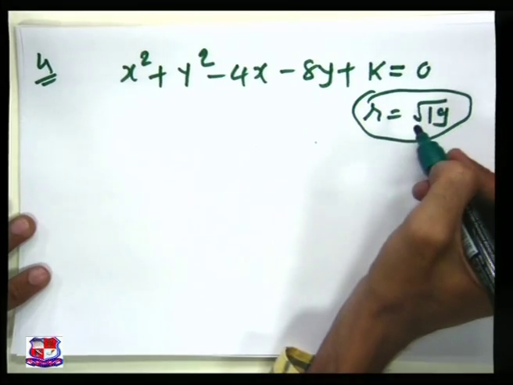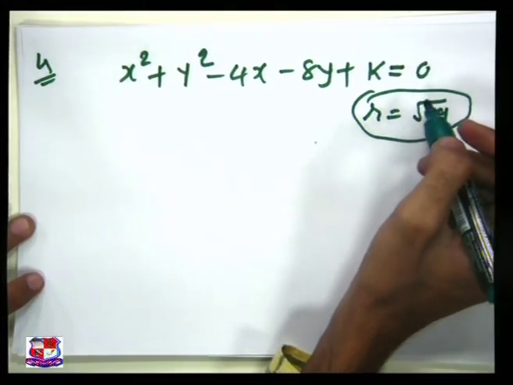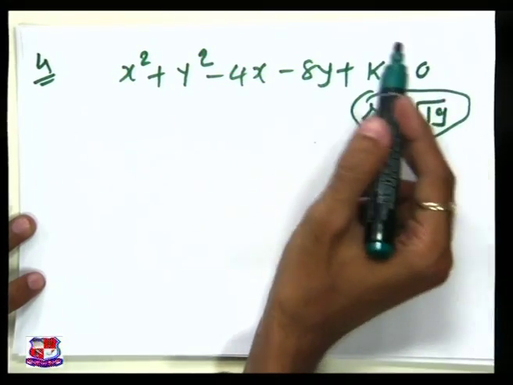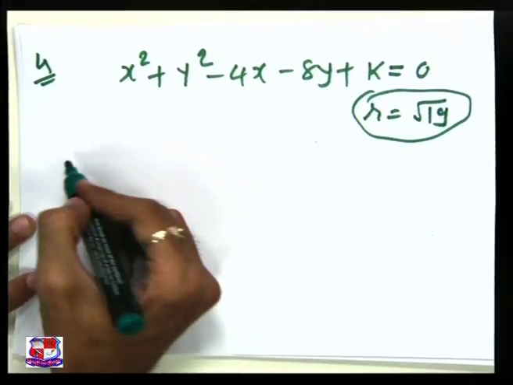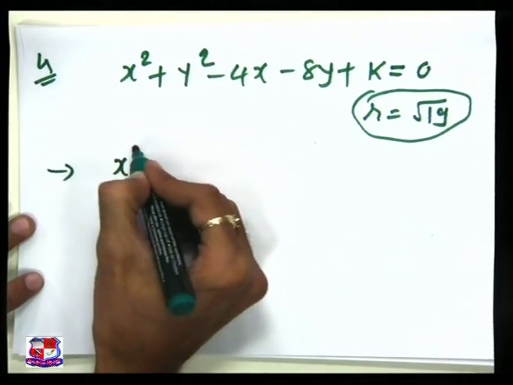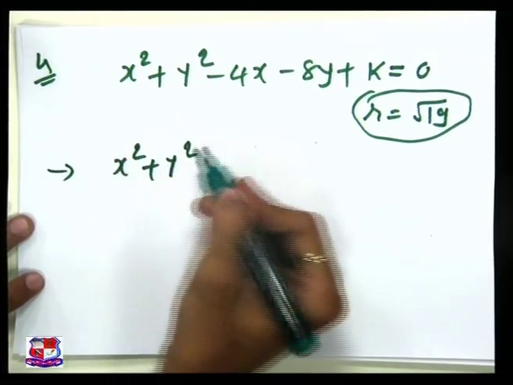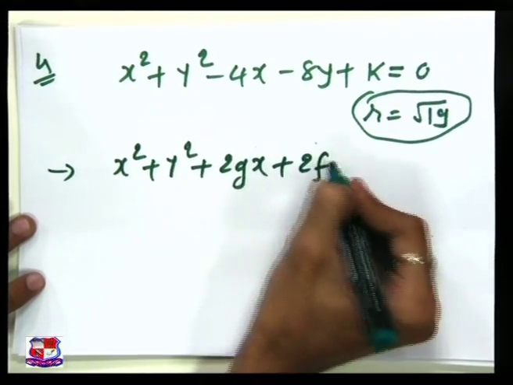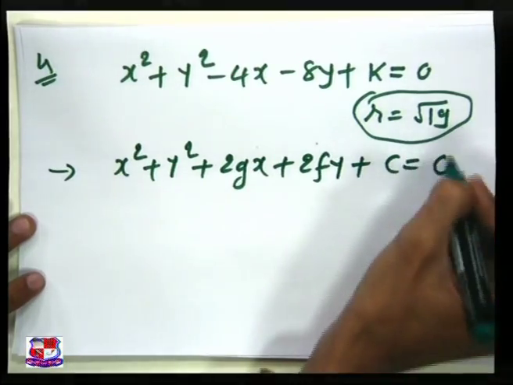So we will use this data later on. First of all, let us compare this equation of the circle with the general equation, that is x square plus y square plus 2gx plus 2fy plus c is equal to 0.